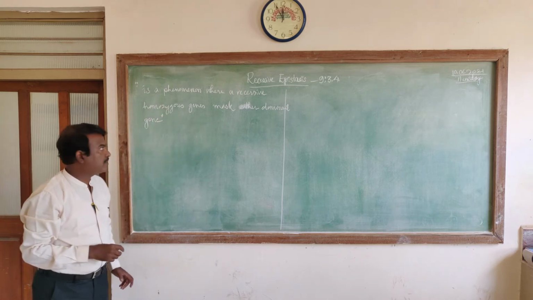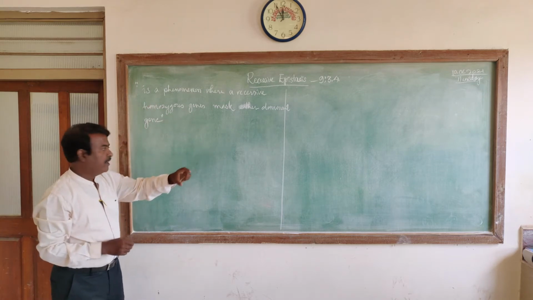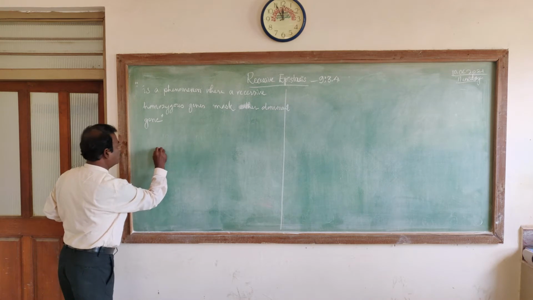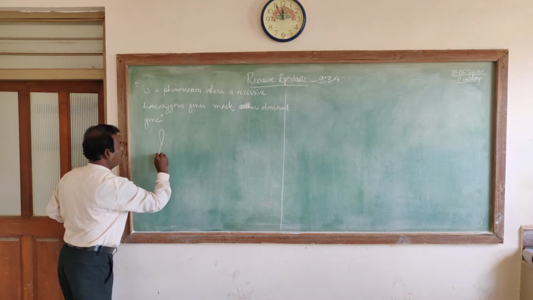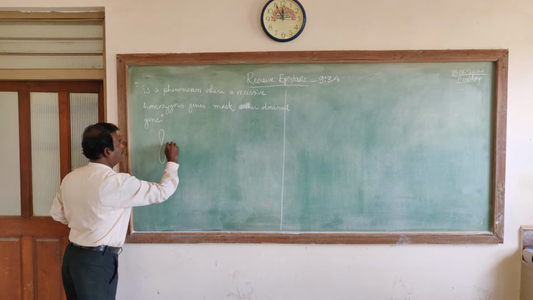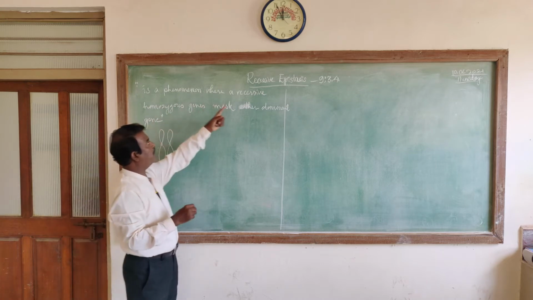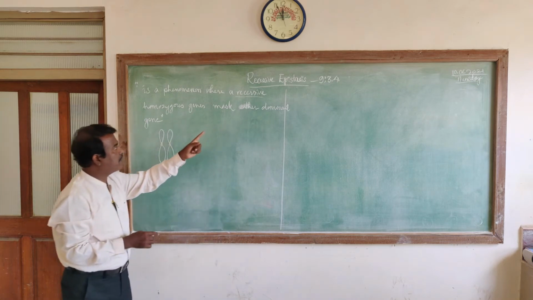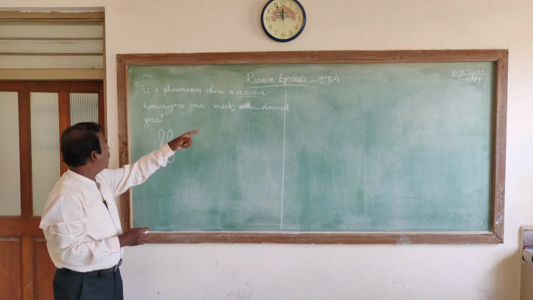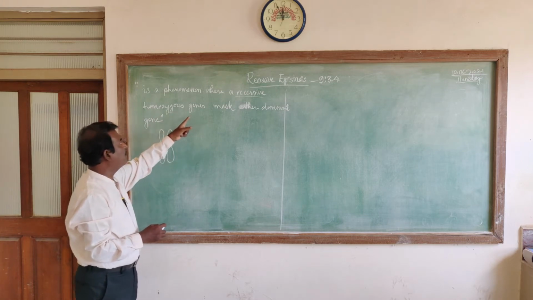Recessive epistasis is a phenomenon or case where here also there are two dominant genes located on two different loci, where a recessive, in the previous case, that is dominant epistasis, there was a dominant gene, but here it is a recessive gene.